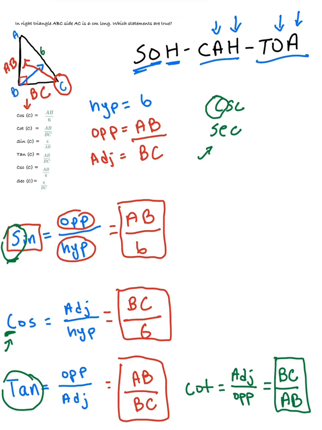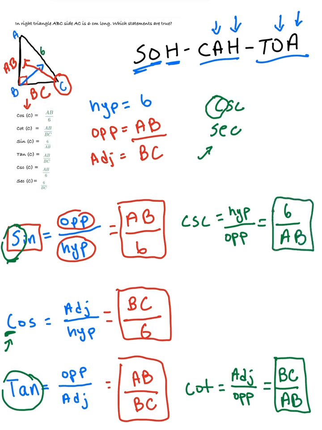Cosecant is hypotenuse over opposite, so we just flip-flop the numbers from sine, and it's going to be 6 over AB. For cosine, we say it's secant, which is just the reciprocal. So instead of BC over 6, we have 6 over BC.